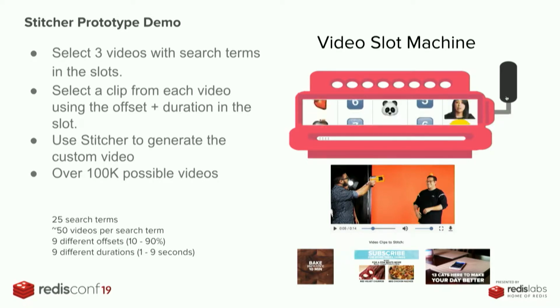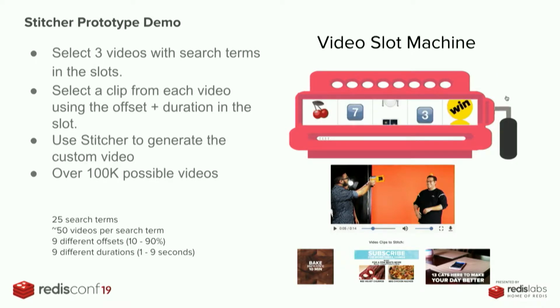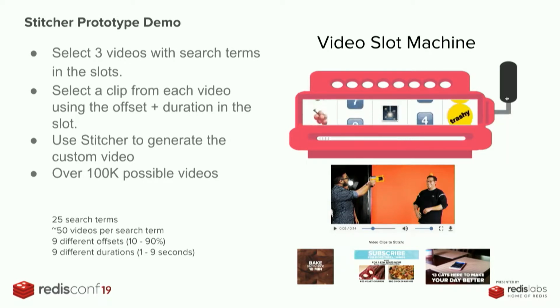So the slot machine had 25 different search terms on each of the wheels, and then each of those search terms might return 50 videos per item. And then the numbers represented offsets into each video, and then how long of a duration you would take each clip for. It was just a fun way to demonstrate the variety of automated video content creation.